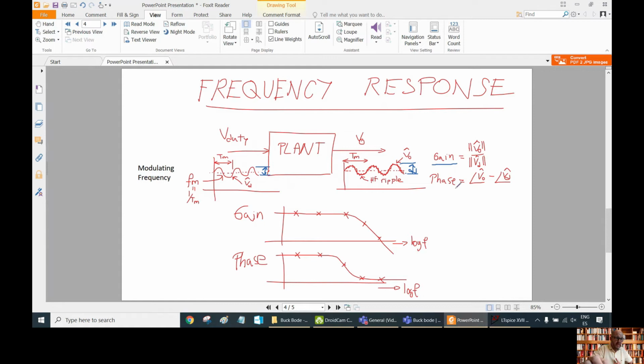The phase of our response is just a matter of comparing the phase of the output signal with the phase of the input signal and taking the difference. We can do this for different frequencies and obtain the different values of the gain and the phase.